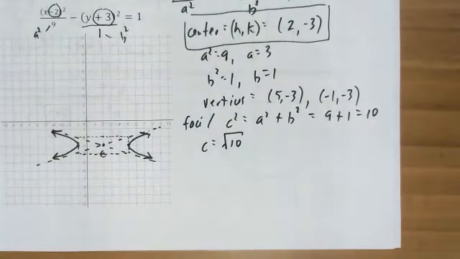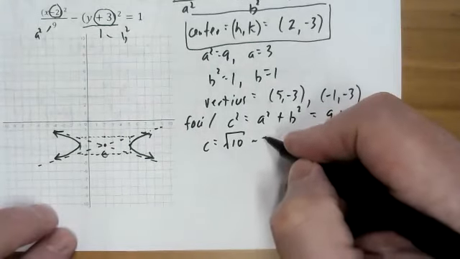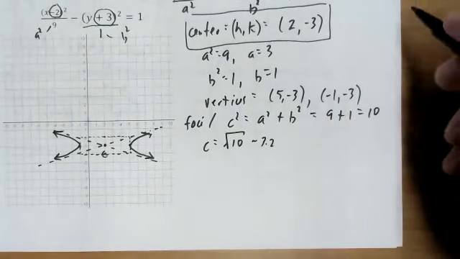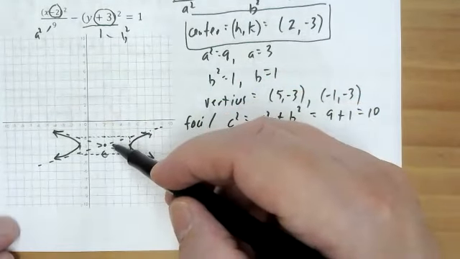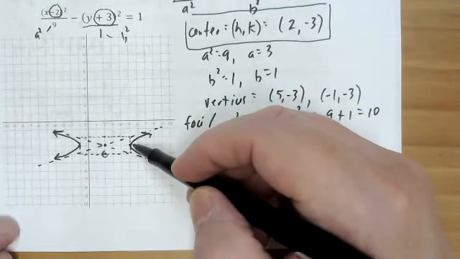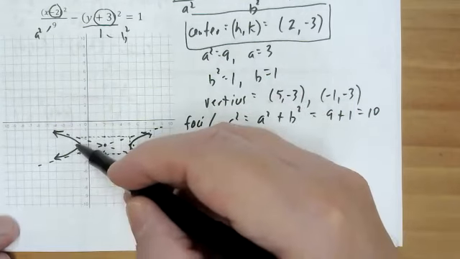And just to get an idea of what that number is, it's approximately 3.2. So if I just wanted to graph it, looks like 1, 2, 3. Looks like the foci are just past the vertices.